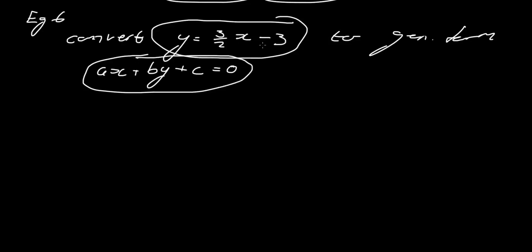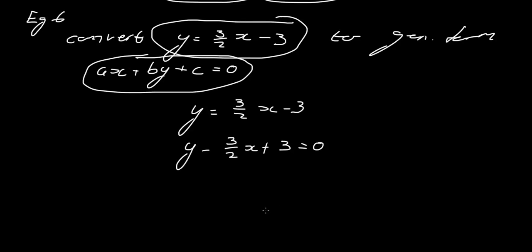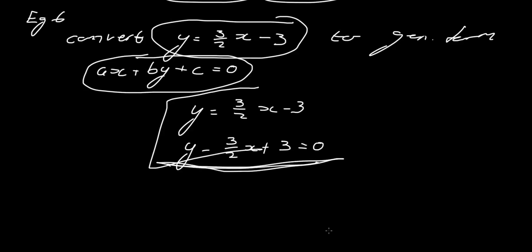Okay, so let's start. Let's take our equation y equals 3 over 2 x minus 3 and get everything onto the left hand side. So y minus 3 over 2x plus 3 equals 0. So we're already halfway there. As far as I am concerned, this answer we have here is already acceptable.